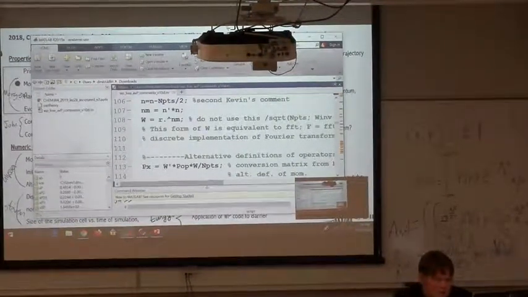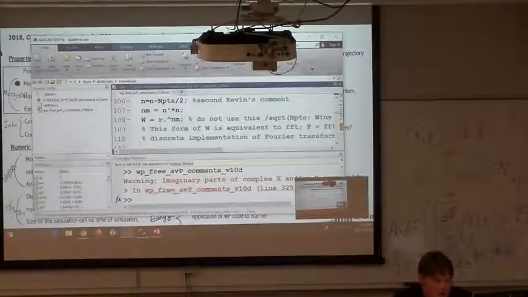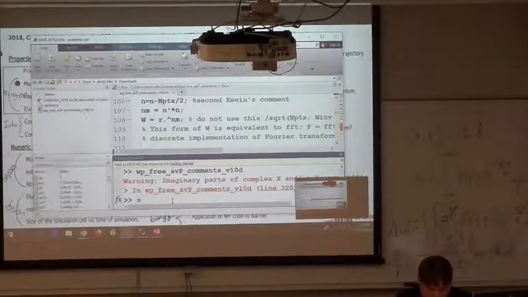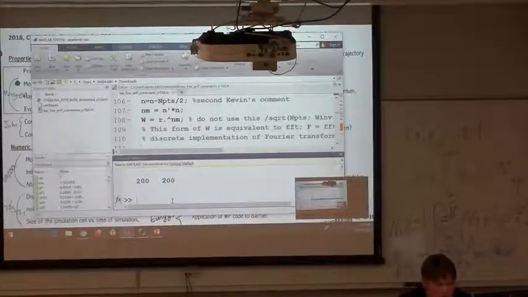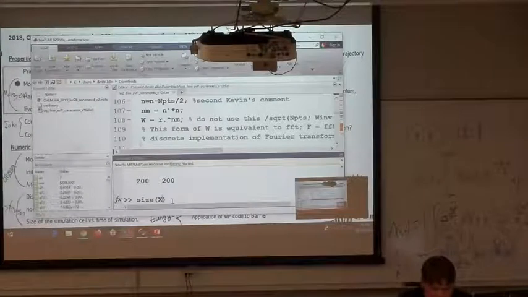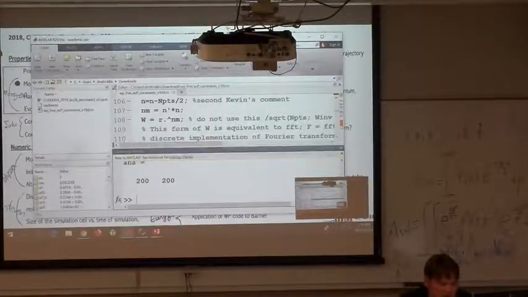So, size px. Okay, size hop for x operator 200 by 200.